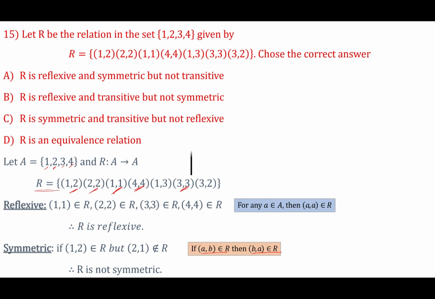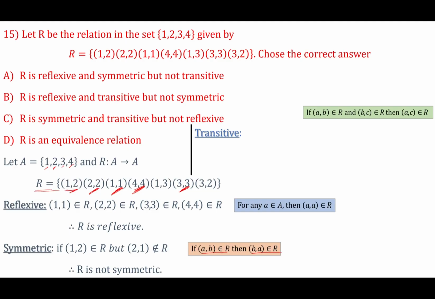The third one is transitive. The definition of transitive says if (a, b) belongs to R and (b, c) belongs to R, then (a, c) must belong to R. In transitive, I don't need to check ordered pairs with the same elements, which means (2, 2), (1, 1), (4, 4) and (3, 3) I don't need to check.